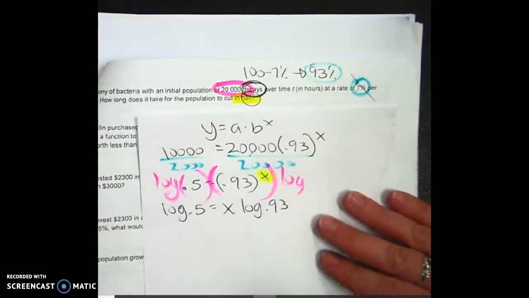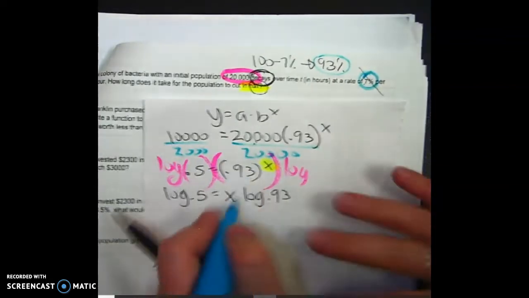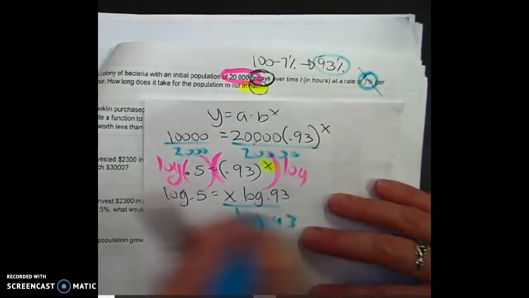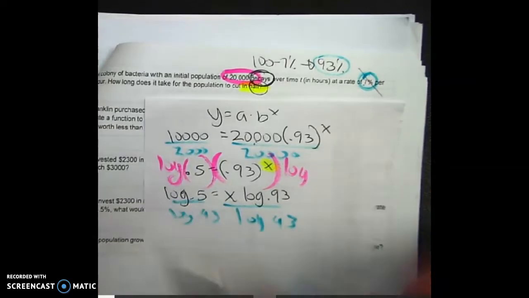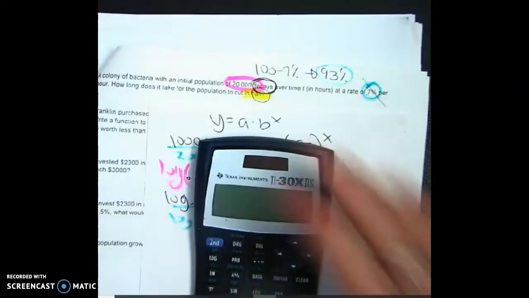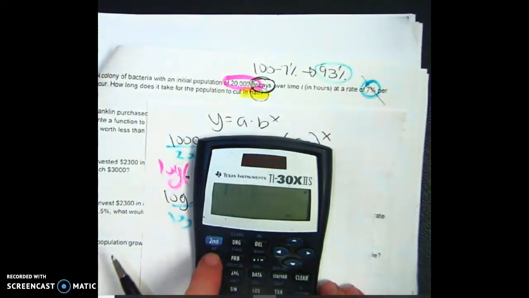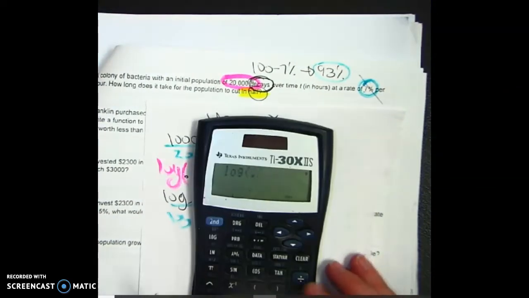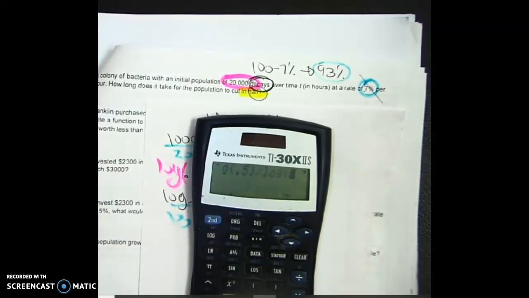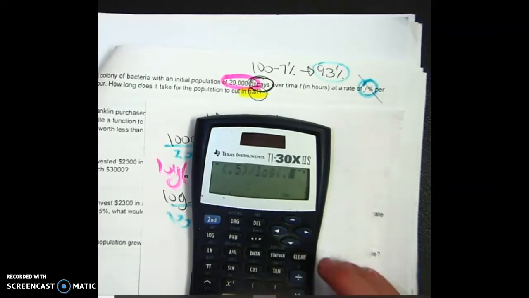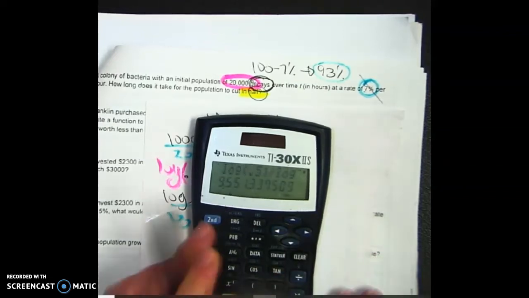And then I have to go, hey, what am I doing? I'm trying to solve for x. Divide by log 0.93. Then I pick up my simple calculator, and I go log of 0.5 divided by log of 0.93. And I get 9.55.